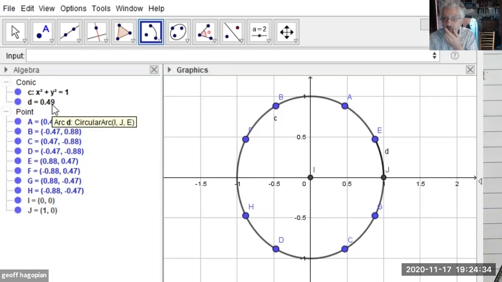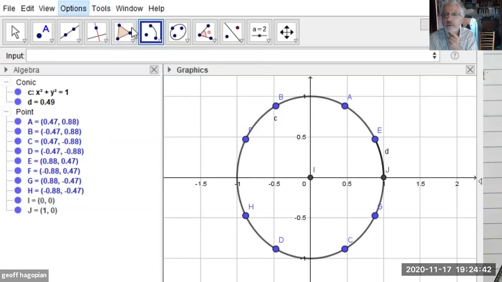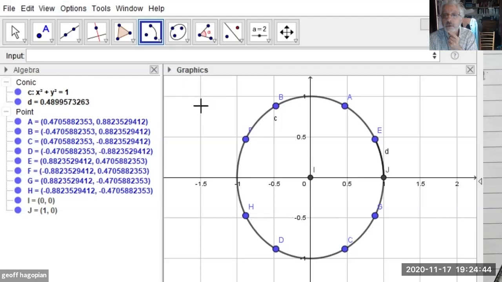So I'm going to say, what is the arc whose angle is, and let's go to rounding 10 decimal places. Oh, now we got some accuracy, huh? So I'm going to say, give me the angle whose sine is 8/17.